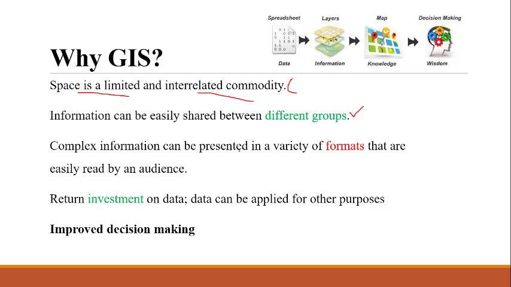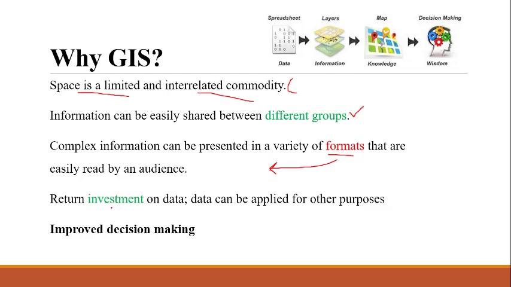Complex information can be presented in a variety of formats that can be easily read by an audience. So GIS converts the real world to the map, so everyone can easily examine or see the real world with the help of a map.